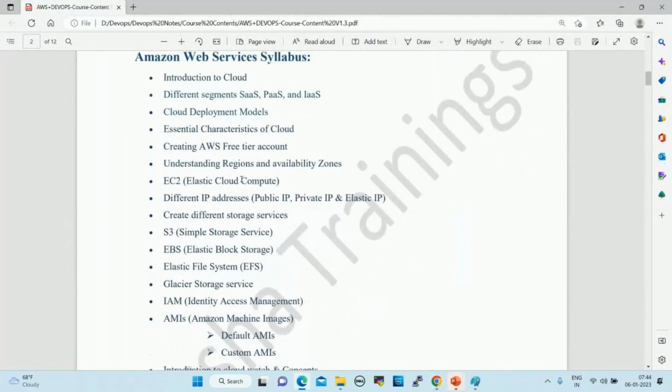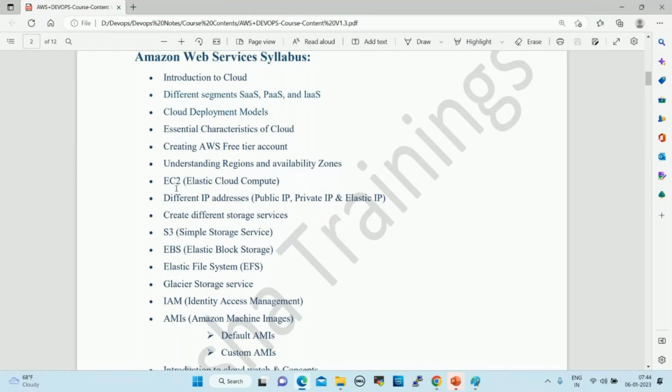So in AWS, 18 services will be covered. 18 services. Those are enough for you, right? So as a DevOps engineer, these are the services required. As we discussed in cloud platform, 20% of the resources will be taken care of by DevOps engineers. The other 80% will be taken care of by cloud vendors, right? So that is why we require at least 12 services, but we are going to cover 18 services here.